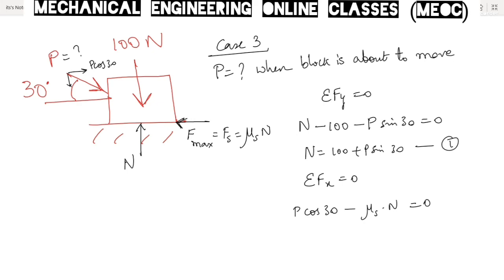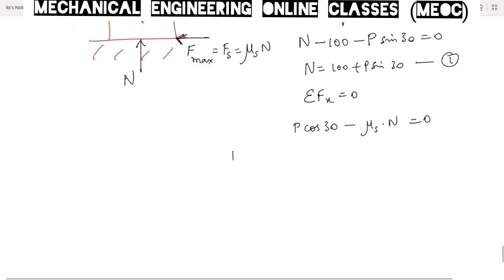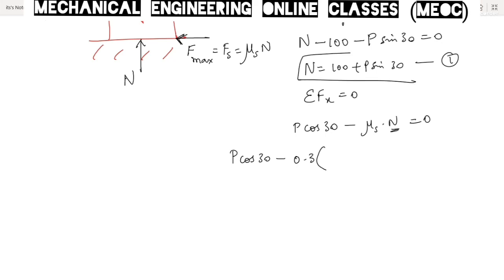So we can substitute the value of N into sigma Fx equal to 0. So I'm writing it as P cos 30 minus mu s. Mu s is given as 0.3 in the question. In place of N, I'm substituting 100 plus P sin 30. So this is equal to 0.